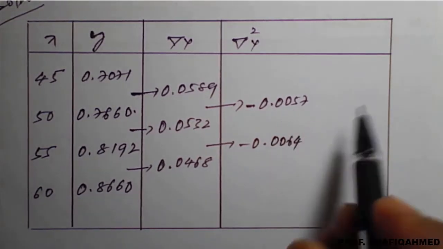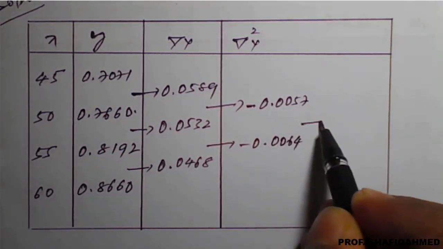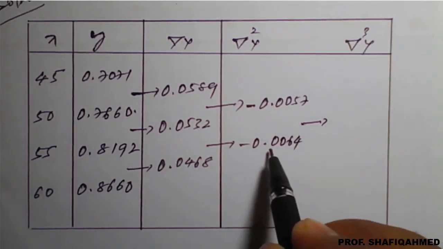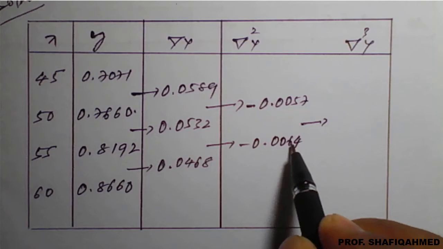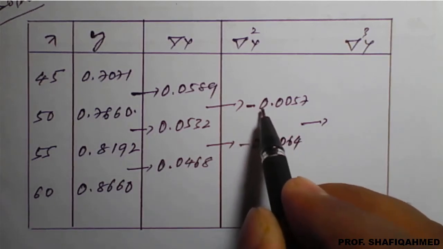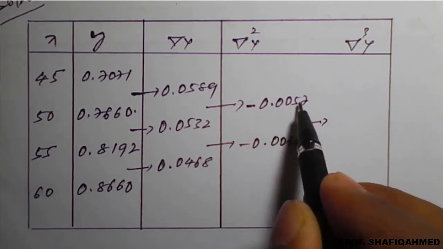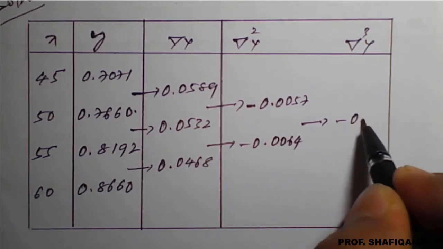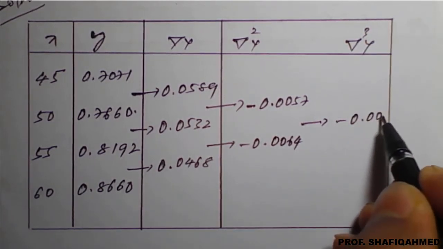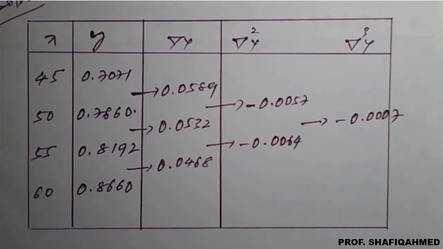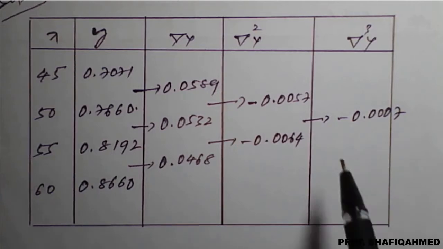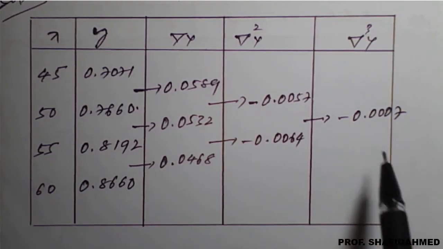Now we'll take the difference between these, that is nabla cube of y. So minus 0.0064 minus of minus 0.0057, minus and minus make plus, so it will become minus 0.0007. Therefore this is the required difference table.